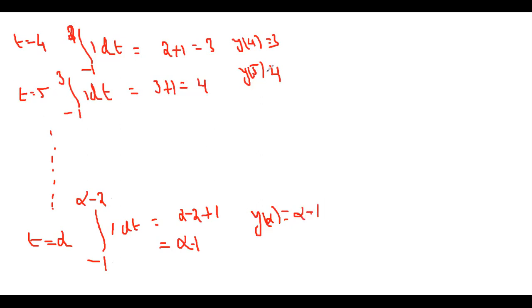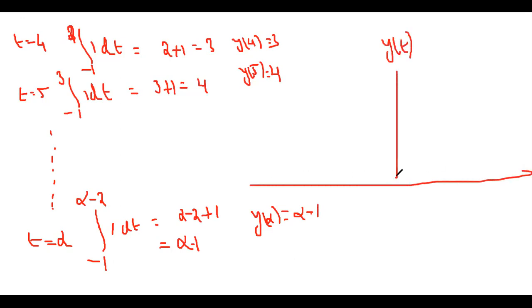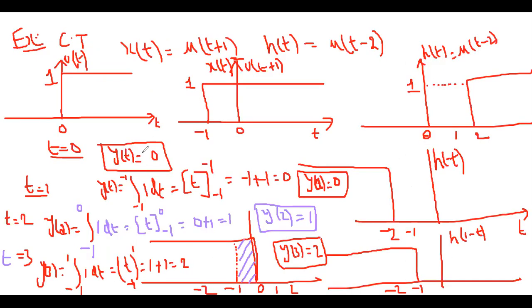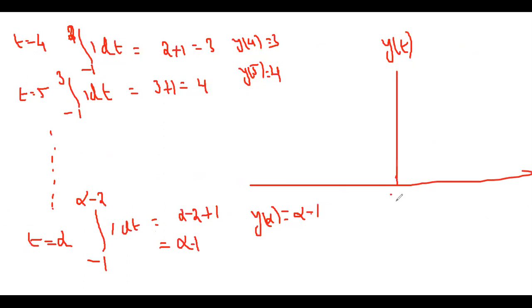At t is equal to 5, the value is 4. At t is equal to 4, the value is 3. So what is the y of t in the graphical representation now? It is continuous time only. See, at t is equal to 0, the value is 0, and at t is equal to 1 also the value is 0.